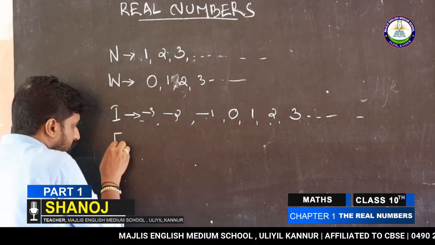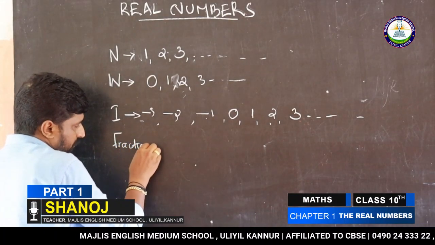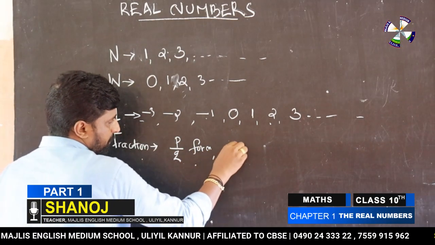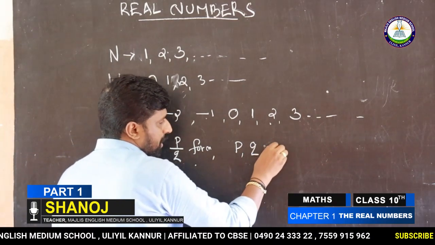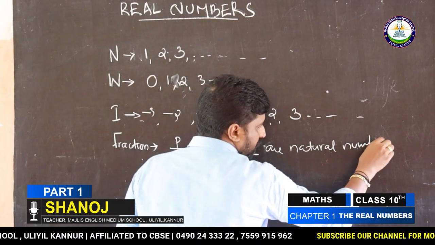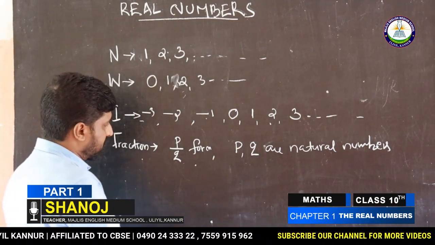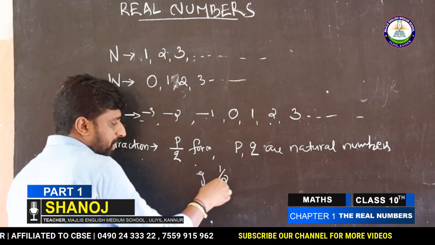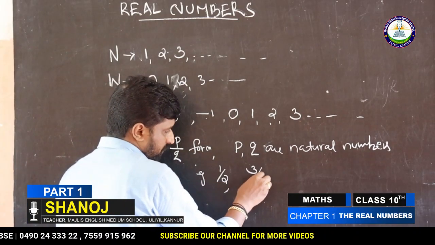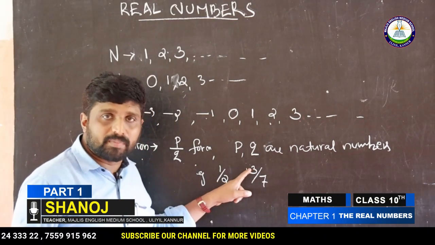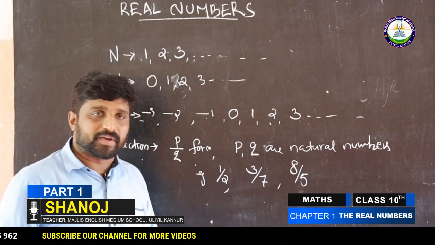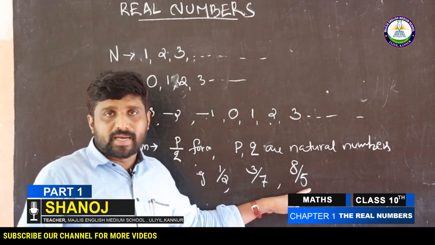For example, 1 by 2: 1 is a natural number, 2 is another natural number. 3 by 7: 3 is a natural number, 7 is also a natural number. 8 by 5: 8 is a natural number, 5 is another natural number.